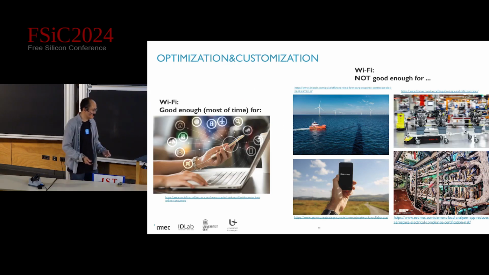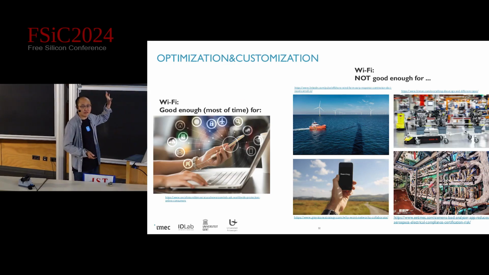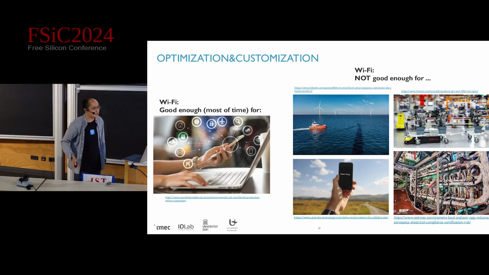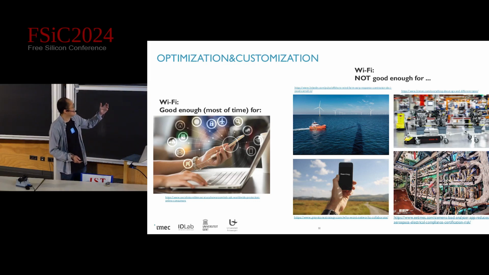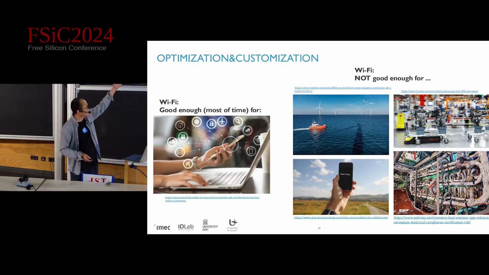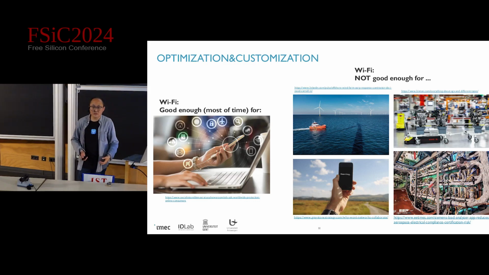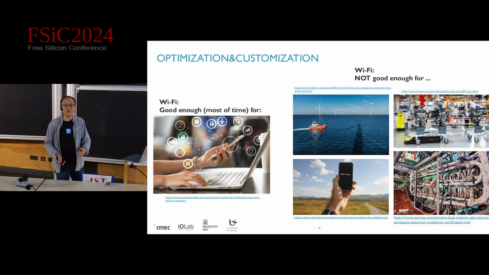Okay, for Wi-Fi, for normal daily life, I won't complain. It works well. But on the right, for many special applications, such as industrial uses, or replacing very heavy cables by wireless in the industrial automation domain, there are many requirements to customize or optimize the wireless link for their non-consumer use cases.